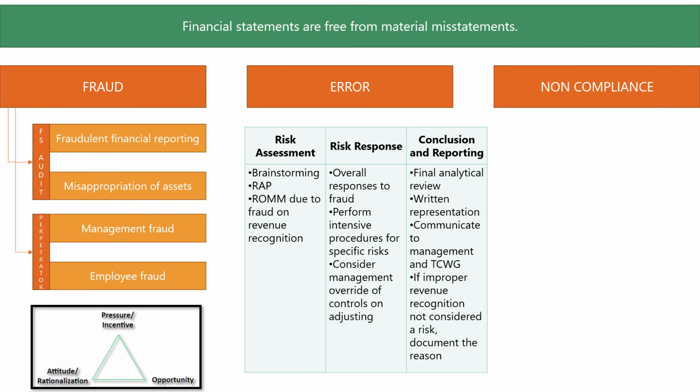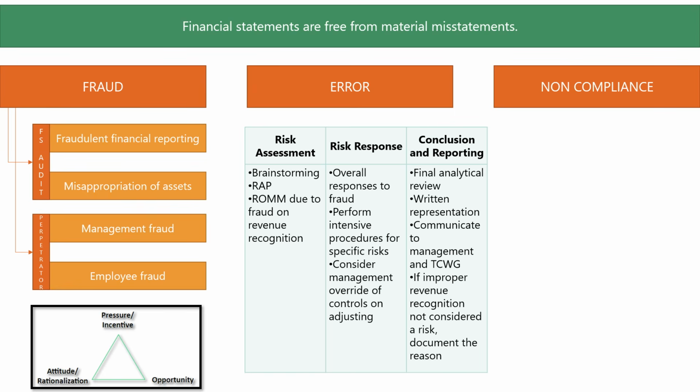Now, we are not saying that this is always the case, but in instances where the auditor has decided there is no risk of material misstatement on revenue recognition, the auditor has to document and justify why this is believed to be so. Because as a rule of thumb, there is a risk of material misstatement on revenue recognition.